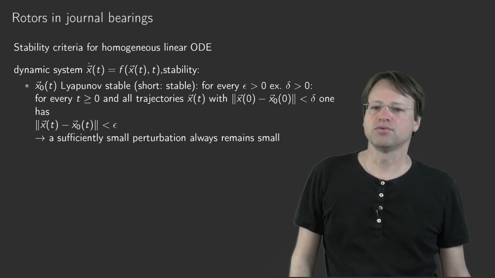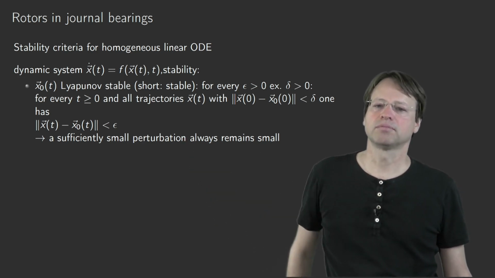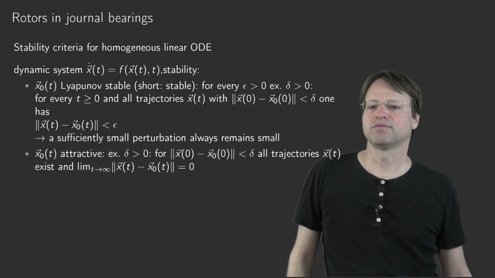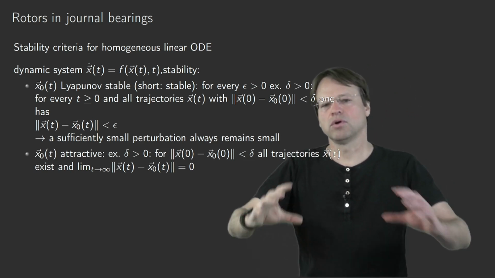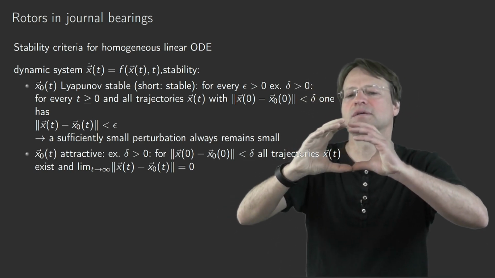There are additional definitions that can be used, namely a solution, or a reference trajectory, cannot be only stable, it can also be attractive. Attractive means something that you do not have here. You only know that neighboring trajectories will be inside that epsilon tube.